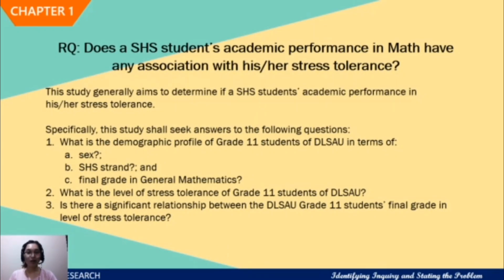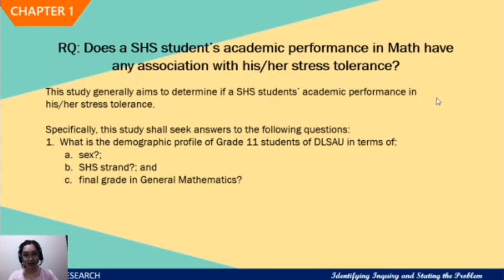Alam nyo kung ano yung gusto nyong malaman at the end of the day or at the end of your research. Kasi kung doon pa lang hindi mo na alam, hindi mo na maintindihan kung ano ba talagang goal, ano ba talagang objective ng study na to, you cannot create your specific research questions as well as your statement of the problem. Okay, so that's the end of this discussion. I hope that is clear.